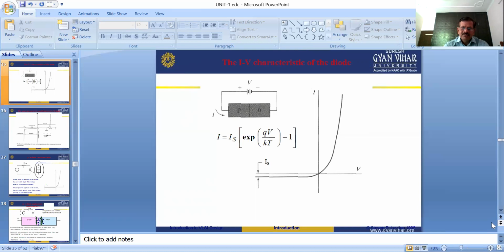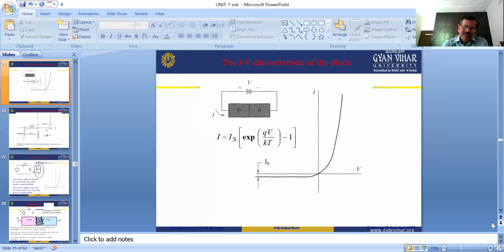In reverse biasing, it is the opposite. If the positive terminal of the PN diode is connected to the negative terminal of the battery, and the negative terminal of the diode is connected to the positive terminal of the battery, that is the reverse biasing process.